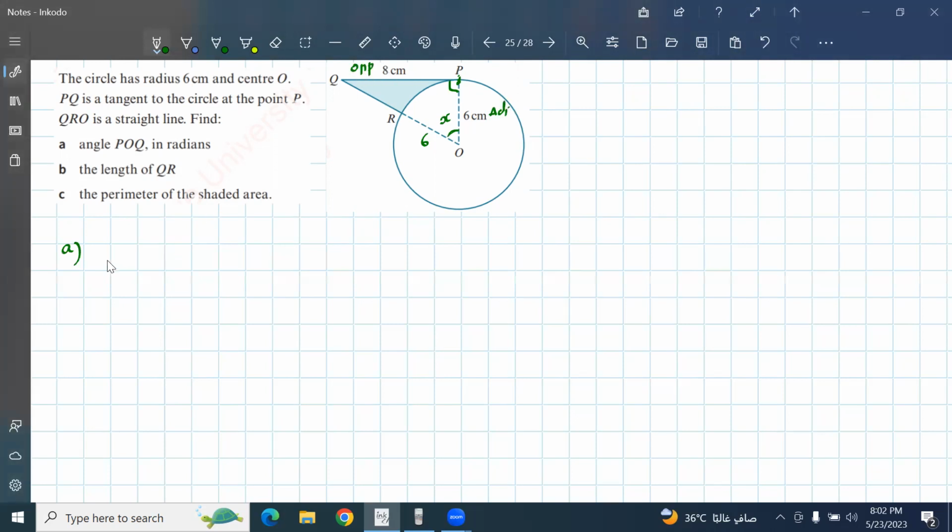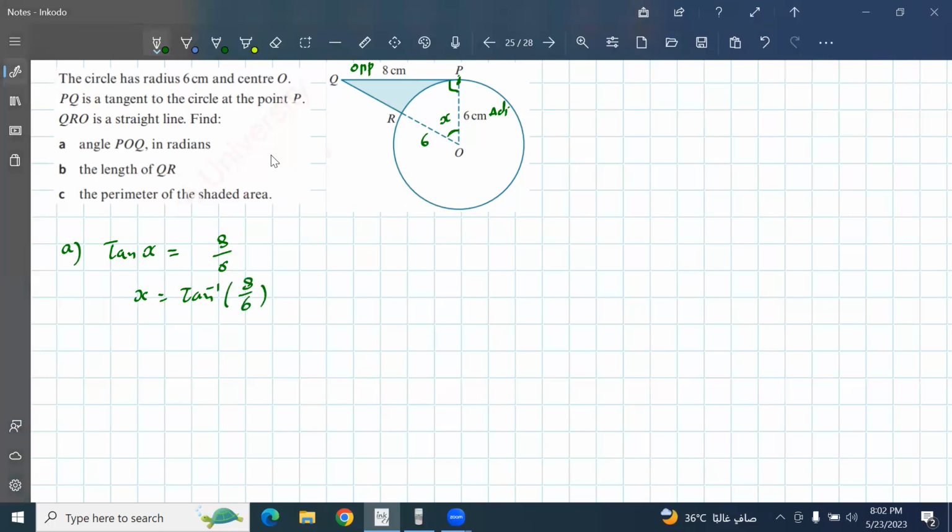So opposite over adjacent is always tan. Tan X is equal to 8 over 6. So X equals tan inverse 8 over 6.